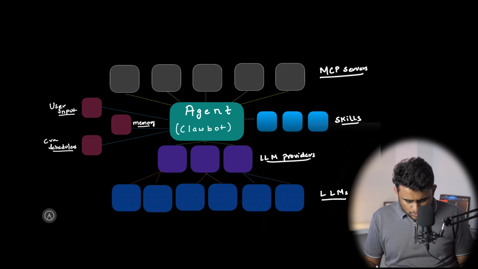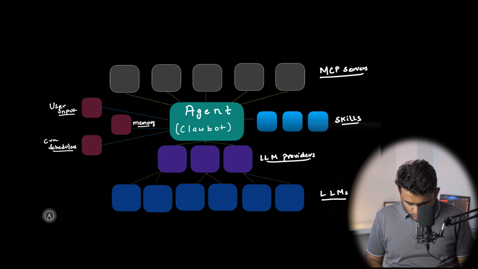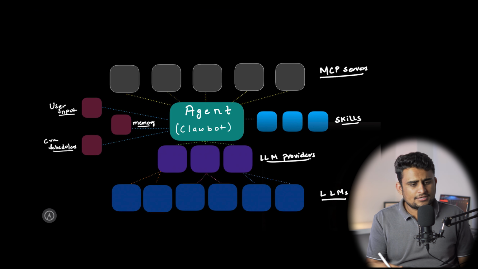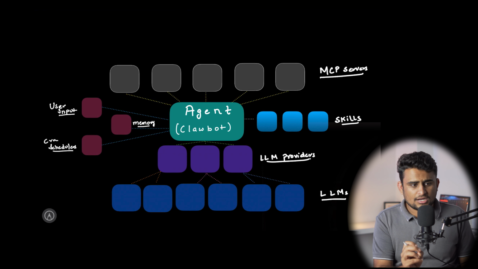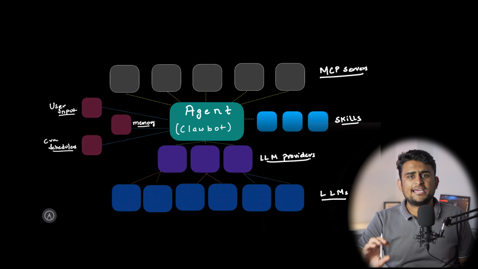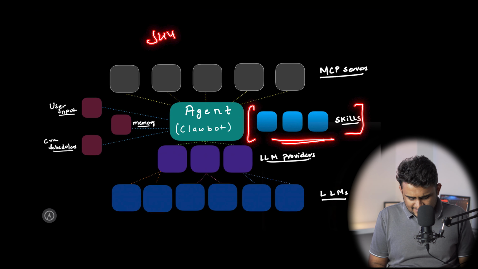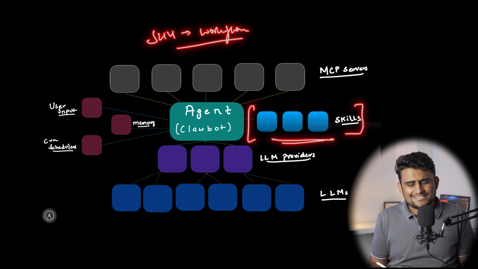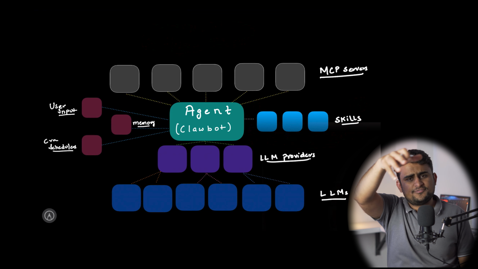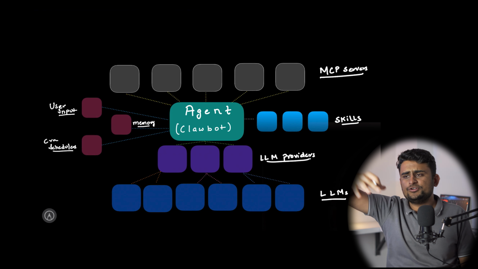Now coming to skills. Skills are basically a way for an agent to understand how to use anything, right? Skills are a very simplistic workflow. What skills do is say: if this kind of problem comes in, how would you solve it?